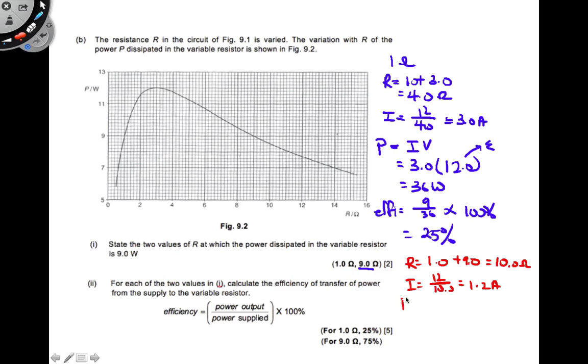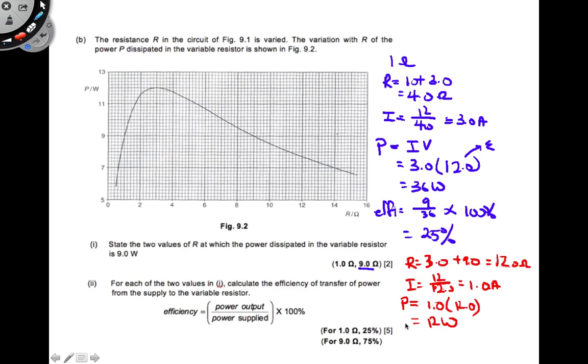The new power developed by the cell is 1.0 times 12, so the power developed is 12 watts.